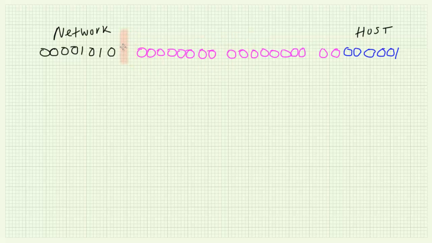And remember, this whole notion of classful addressing is that we can only put the dividing line on an even octet boundary. If we wanted to put the dividing line somewhere in the middle of this octet, using classful addressing, we can't do that. We're going to talk about some techniques later on where we can do exactly that, but we're not there yet. We're talking about how we can put the boundary either here, here, or here. How do we do it?